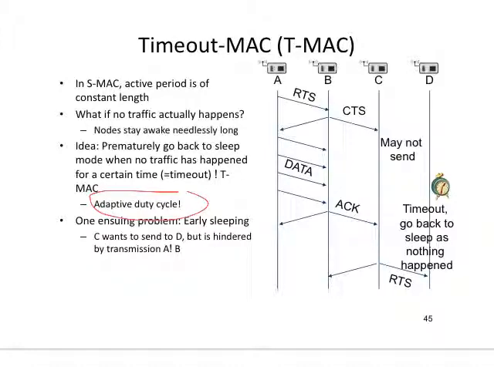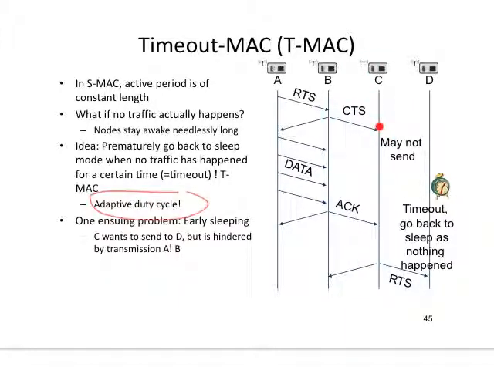Well, if a node like A is trying to send to node B, using the normal CSMA/CA with RTS/CTS, well, this is RTS. B will send CTS. So C, unfortunately, will receive CTS.